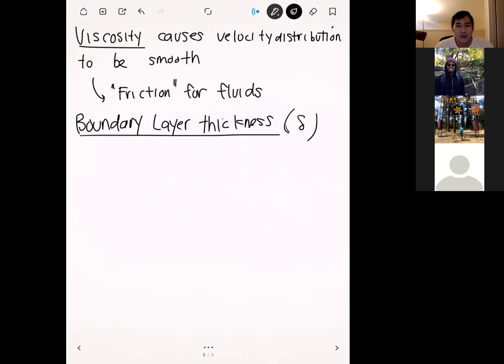The way people define it can be different, but for the sake of this class, I'm going to stick to the simplest definition. The definition we'll use is the location where the velocity basically returns to the free stream velocity. By location, I basically mean distance from the surface.